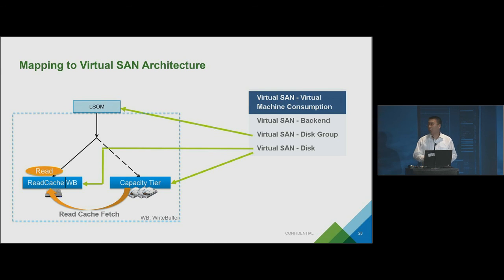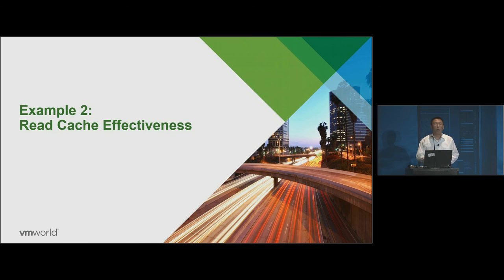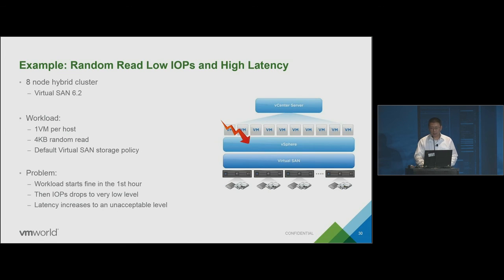Now we have an overview of what's available in performance service. Let's see it in action. In example 2, we have the most common workload, which is the random read workload. This is done on an 8-node Virtual SAN hybrid cluster running the 6.2 release.